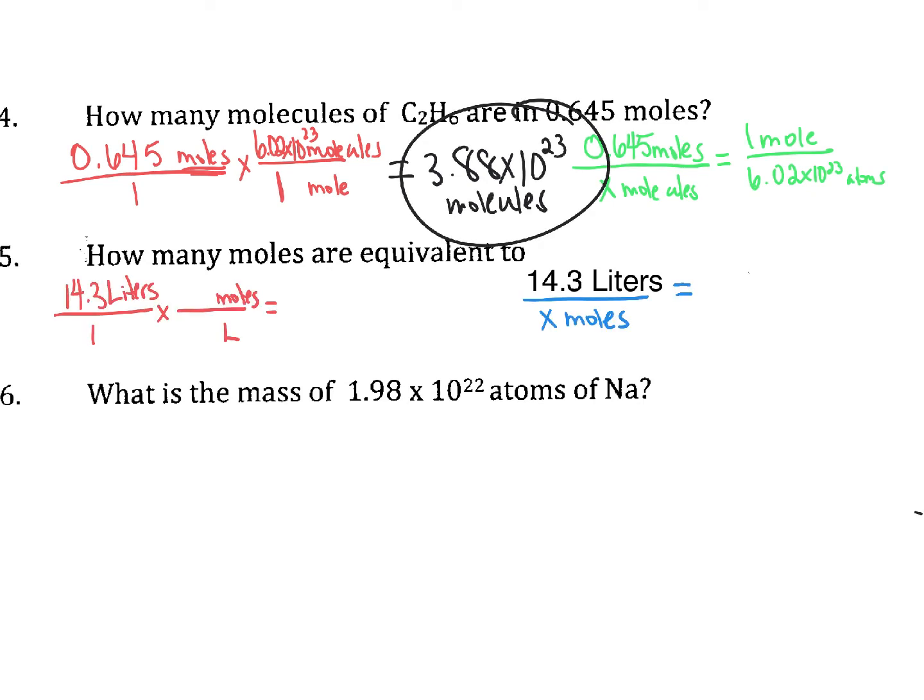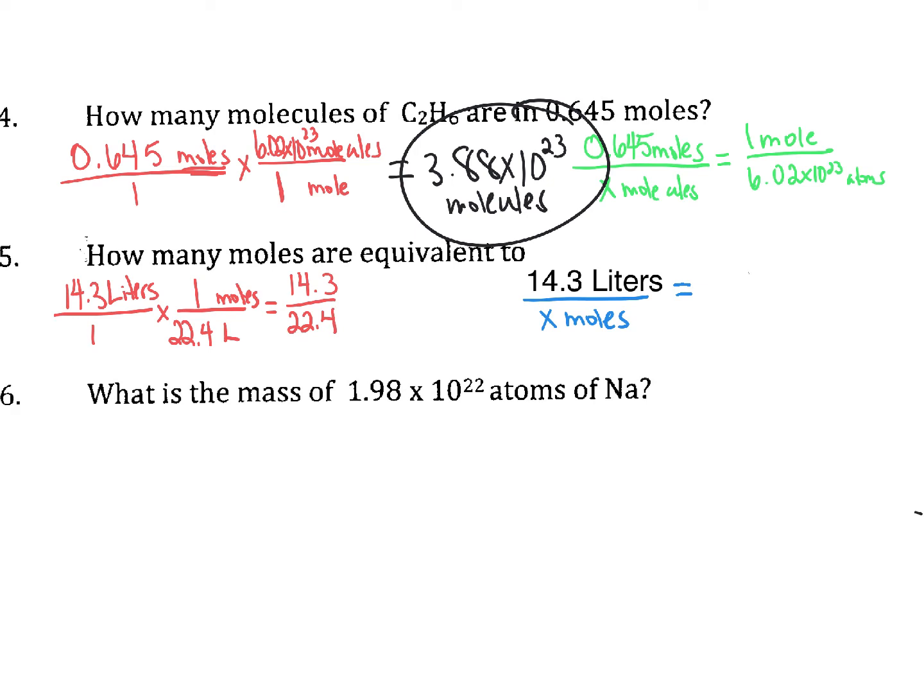So the next problem, I've got it set up in red with the conversion factor. I'm starting with liters, and so liters is going to go on the bottom, and I know that there are 22.4 liters for every 1 mole. So you can see that we're going to be doing 14.3 divided by 22.4.